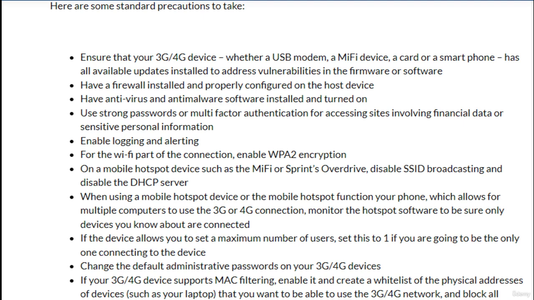If the device allows you to set a maximum number of users, set this to 1 if you are going to be the only one connecting to the device. Change the default administrative passwords on your 3G or 4G devices.